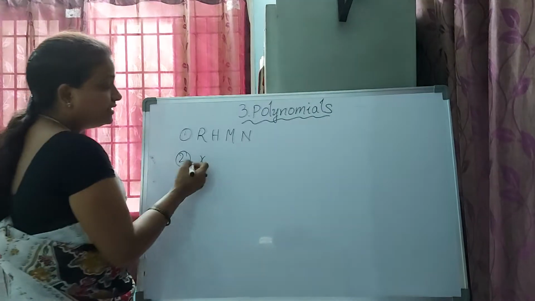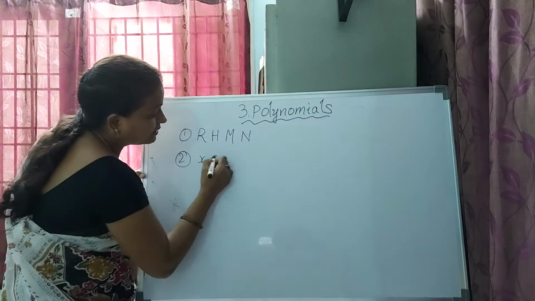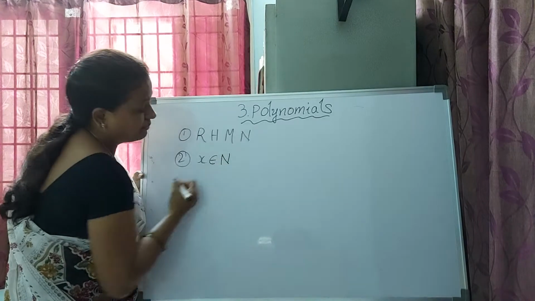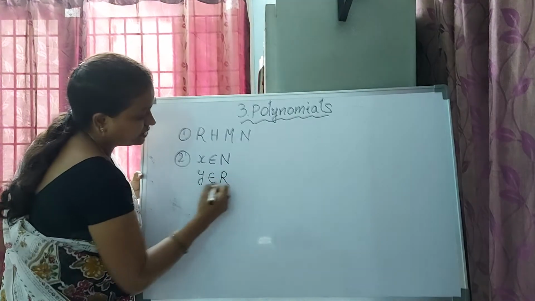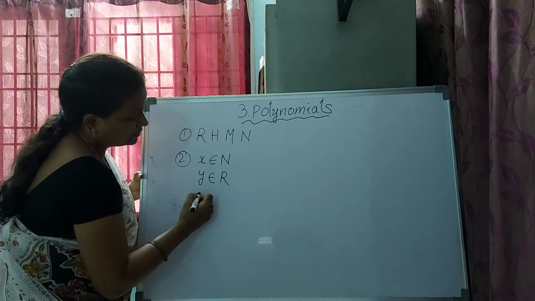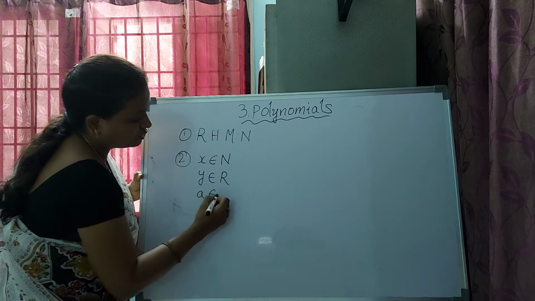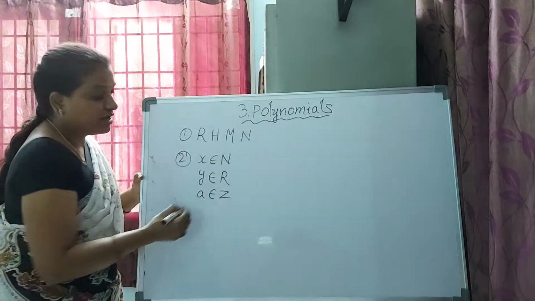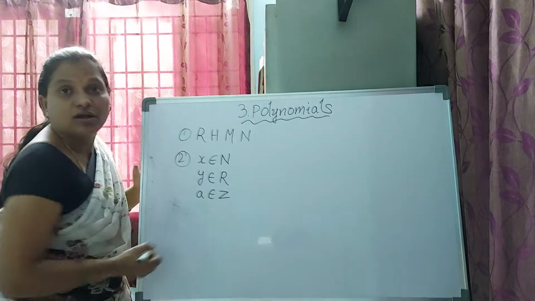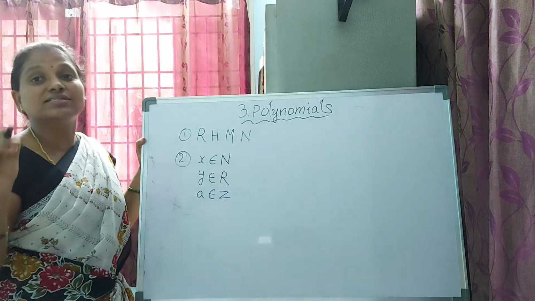These belong to a certain set: x belongs to natural numbers, or y belongs to rational numbers, or small a belongs to integers, like that.